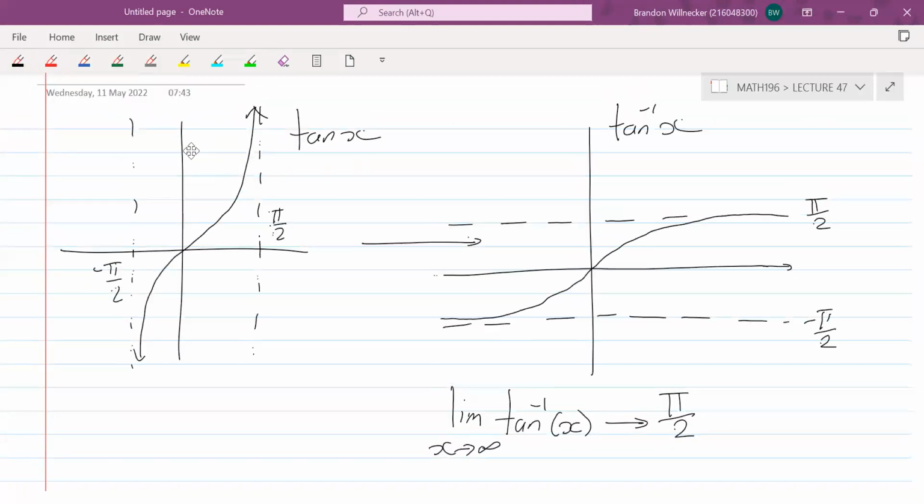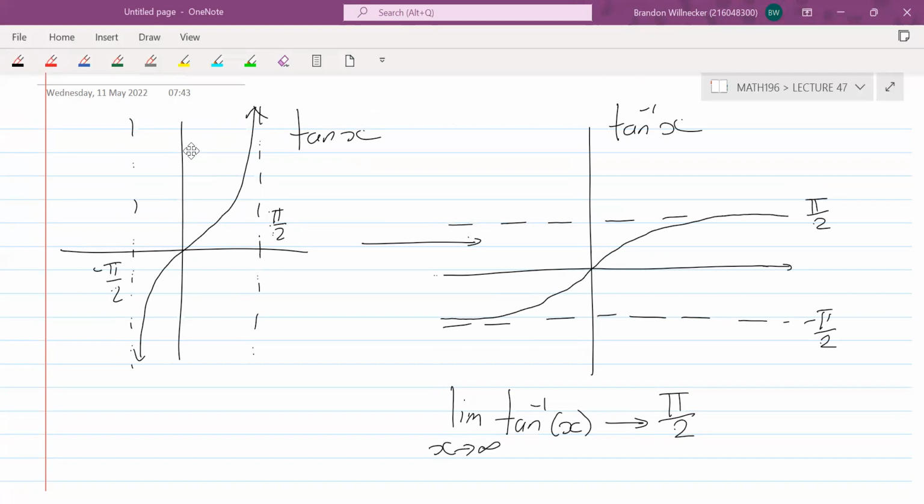Because if we look back at our original tan, then tan of pi over 2 goes to infinity. So if we invert that and look at arctan, then the limit as x goes to infinity of arctan will give you back pi over 2.